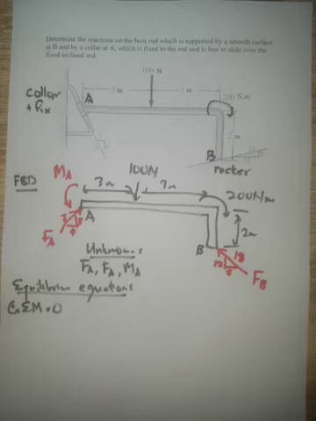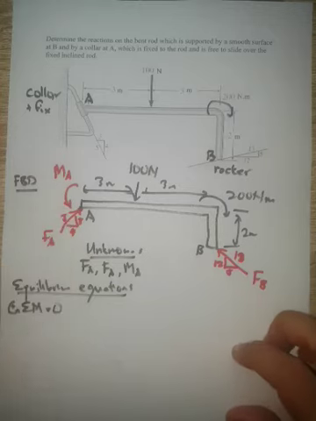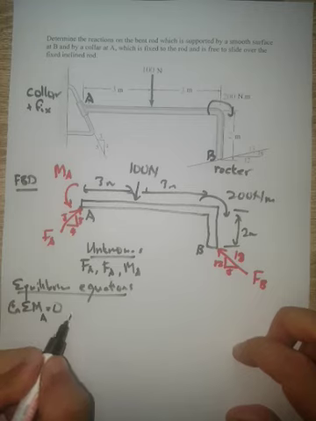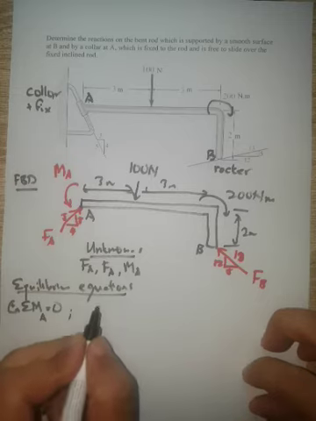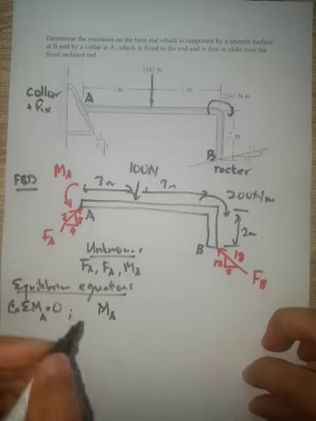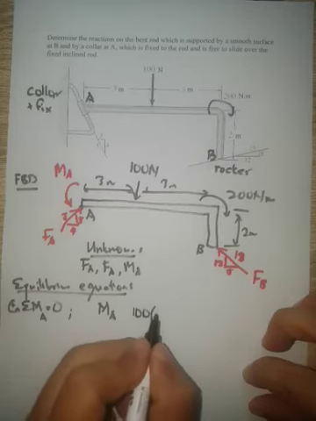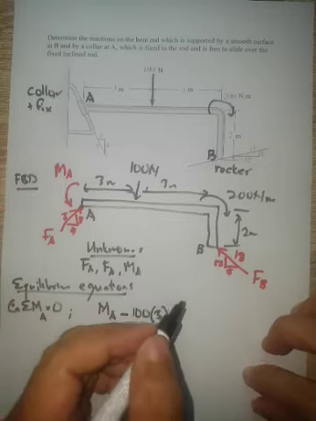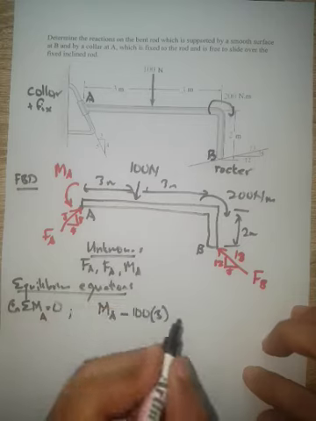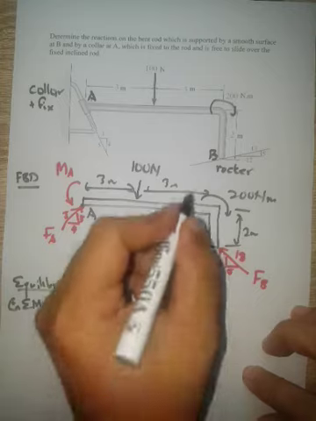It's wise to take the moment at point A or point B. So let's say I take the moment at point A. What is the total moment at point A? First we have MA, counterclockwise positive, and then we have the 100 Newton times 3 meter, which is clockwise, so it's negative. Then we have this couple moment 200 Newton meter, also clockwise, so it's negative.